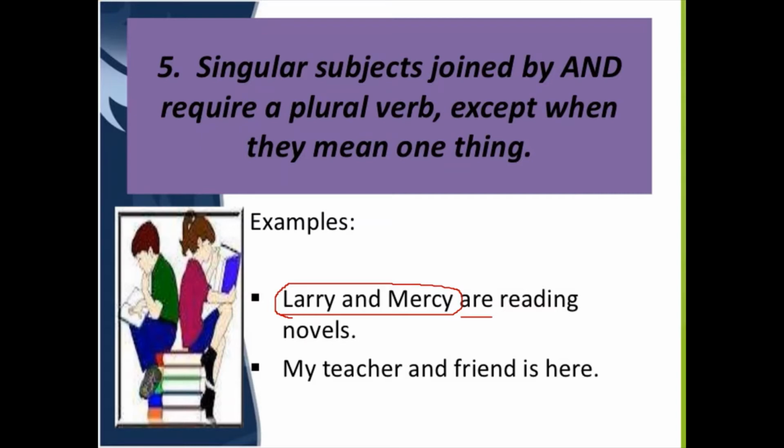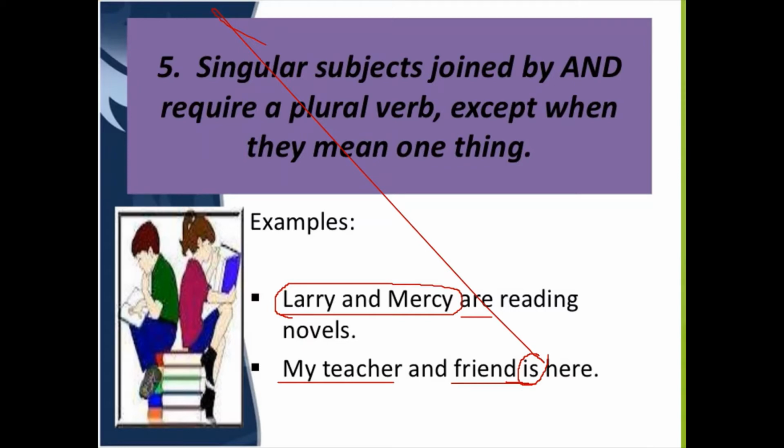However, in the next example, the verb used is is. Why is? You may wonder why is and not are, because when you look at the sentence, there are two subjects, my teacher and friend. Because when we say my teacher and friend, it refers to only one person.